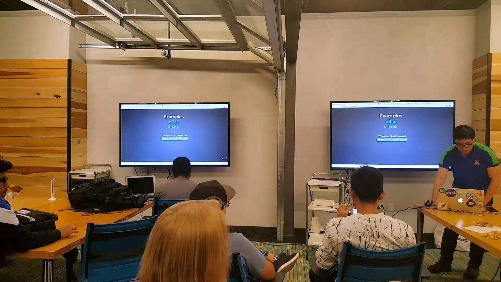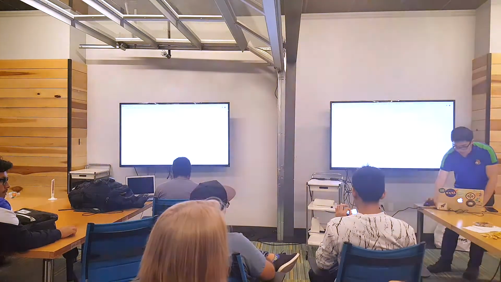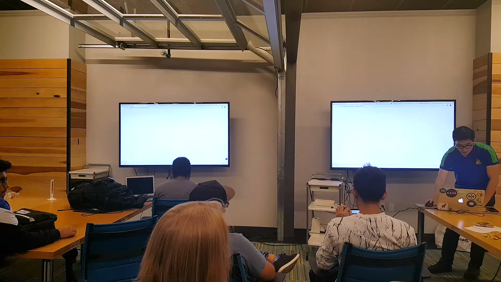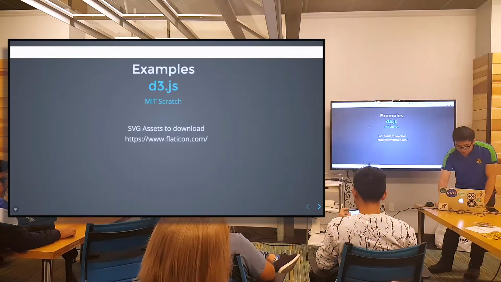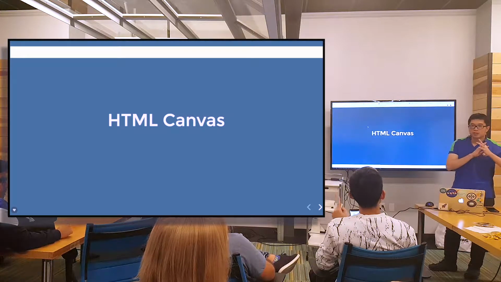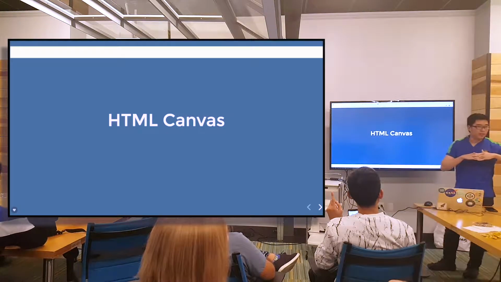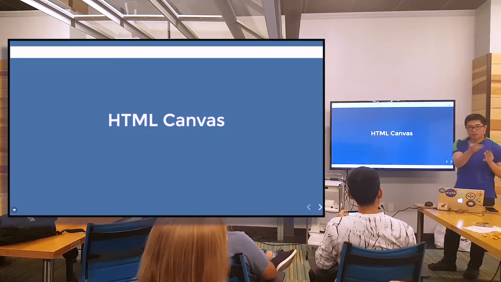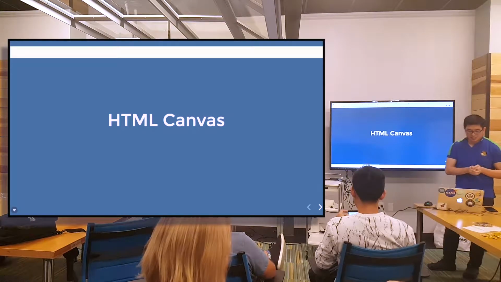Scratch didn't load up, so let me just ignore that. We'll come back to it later. So, moving on, let me talk about HTML Canvas. Who here has heard of HTML Canvas? Like 5 people, right? Do you want to describe what it is? Sure.